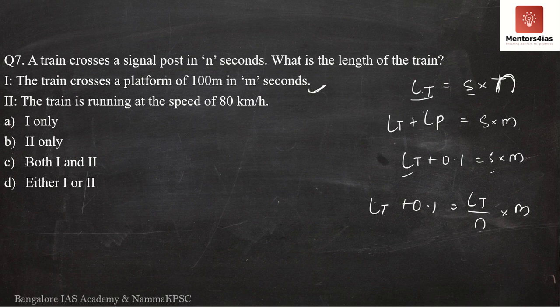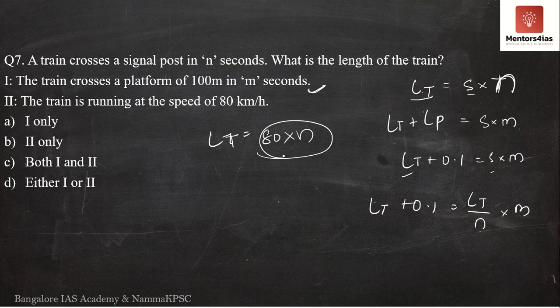Is it possible for me to determine length of the train from the second statement? The second statement says the train is running at speed of 80 kilometers per hour. Now it says what is the length of the train. Therefore, length of the train is nothing but 80 kilometers per hour into the time taken, that is n.